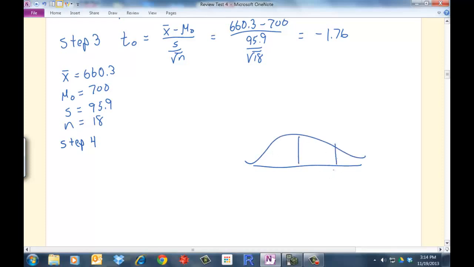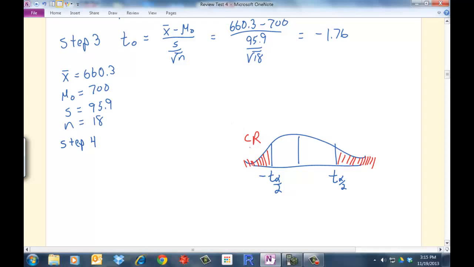We need to find the critical values, t alpha divided by 2 and minus t alpha divided by 2, where this region is the critical or rejection region.